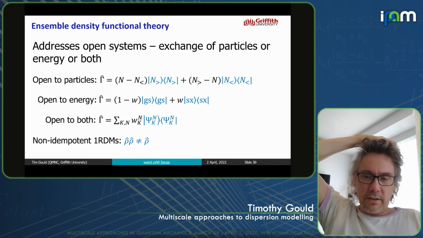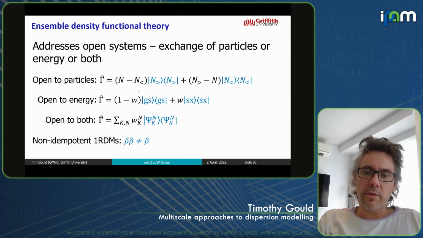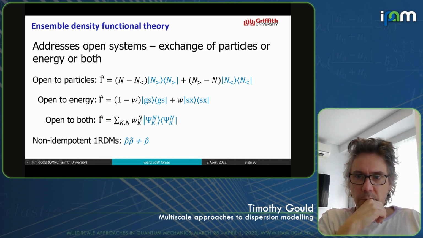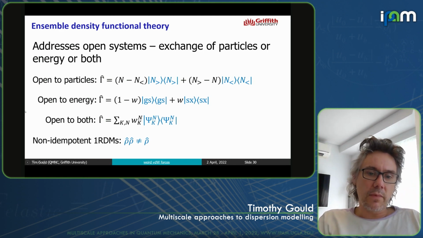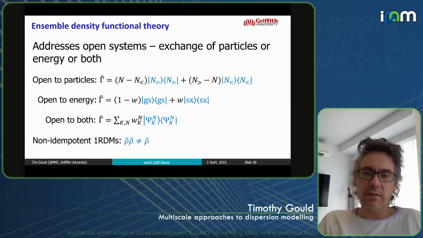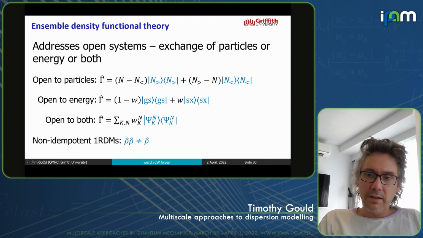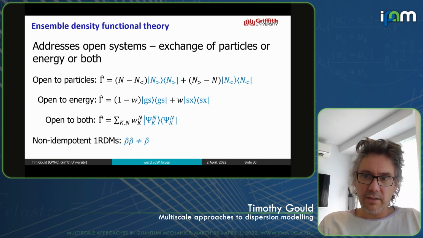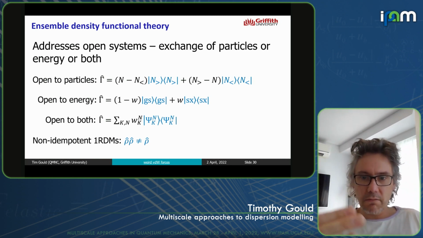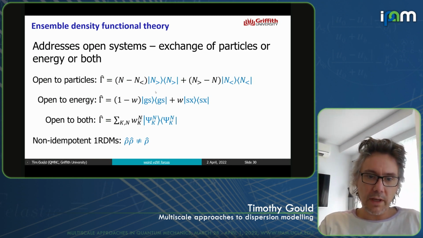That lets you, for example, choose a non-integer number of electrons in your system, which is what I did in the fractal ionic model I talked about before. You can have systems which are open to energy, in the sense that we can have a mixture of a ground state and a single excitation and study that simultaneously as a whole. And if you take derivatives with respect to your weight here, you can get excitation properties.